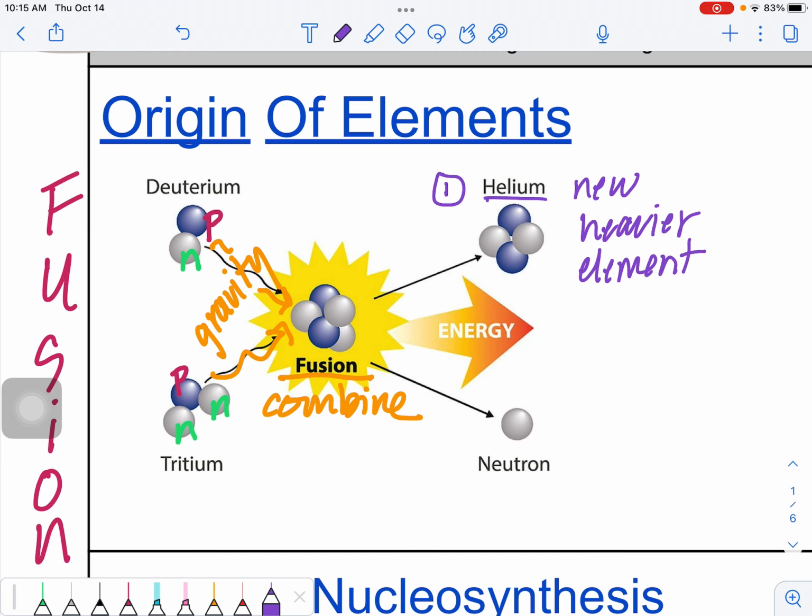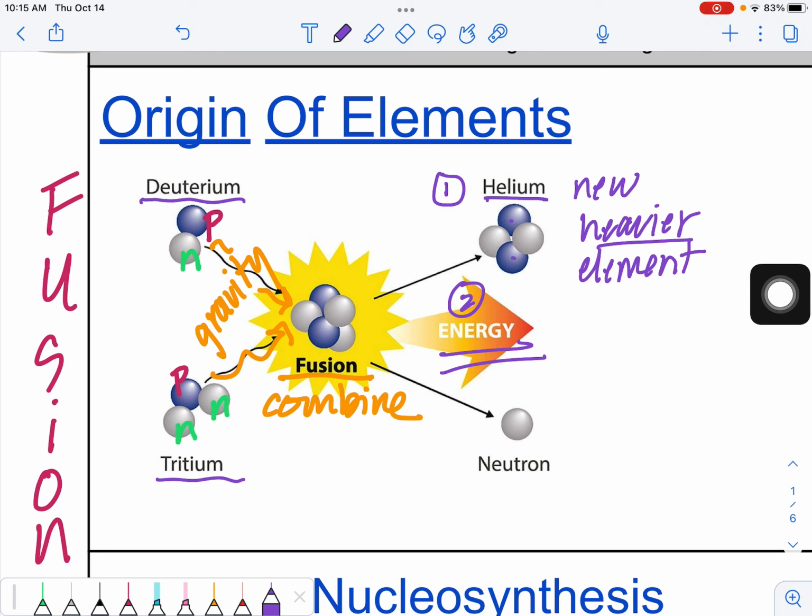And we can see it's a new element because the name is different, it has a different number of protons. And we also know it's heavier because we see 2 particles, 3 particles, and the combination gives us the element now with 4 particles. So as elements fuse, we get new, heavier elements, and we also get a release of energy. That's why we have that outward arrow, and we get a lot of it. So that's our process of fusion.